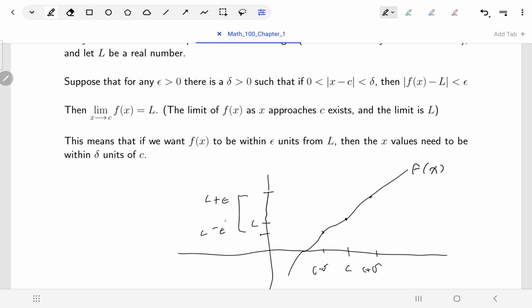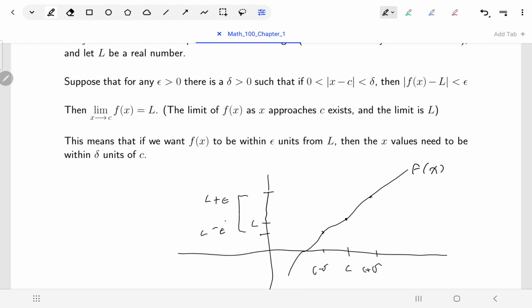In other words, if you pick any closeness for y values, I can tell you a closeness for x values where if x is that close or closer to c, then the y values will be as close as you'd like.